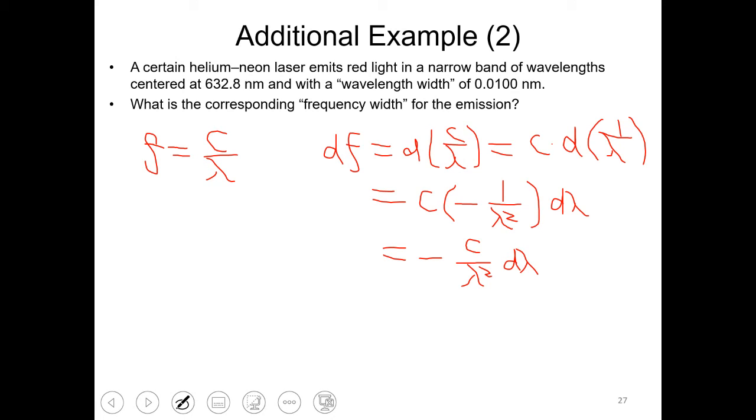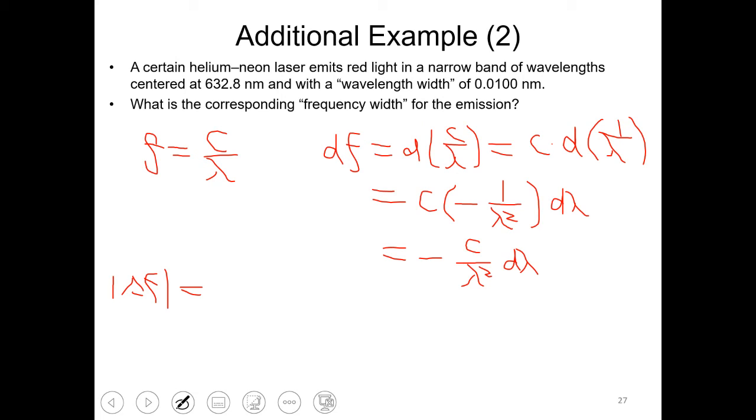Okay. So delta F is what we want to find here. We just ignore the minus sign, because in this case, if F is larger, lambda goes to the smaller side; lower frequency goes to the higher side, but we don't really care.